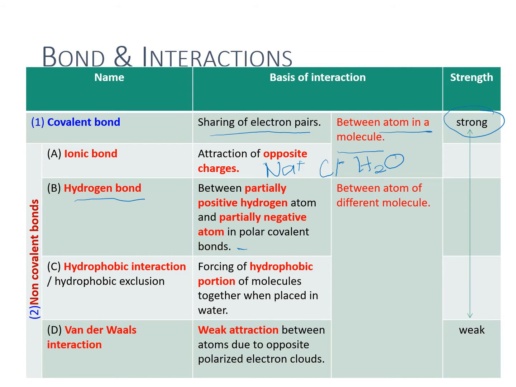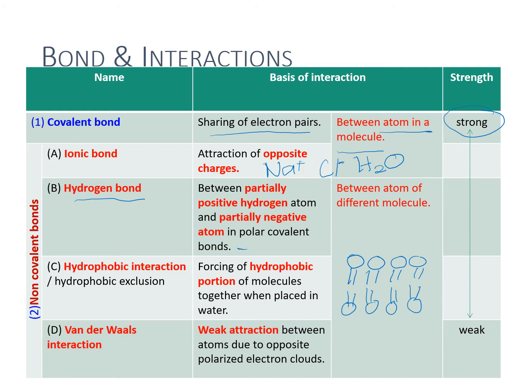Okay, so the next one is hydrophobic interaction or hydrophobic exclusion. So what is it? It is a forcing of hydrophobic portions of molecules together when placed in water. For example, you have a phospholipid molecule in the structure of the plasma membrane, or any membrane.